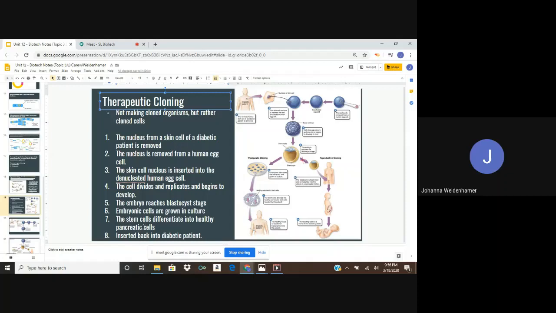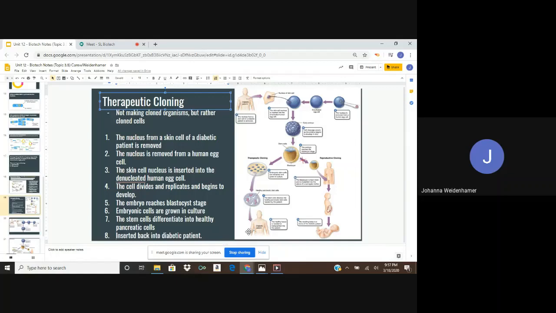So that was step number 7. And then looking at step number 8, those now differentiated pancreatic cells are going to be inserted back into the diabetic patient. So this was able to create cells that the diabetic patient needed.